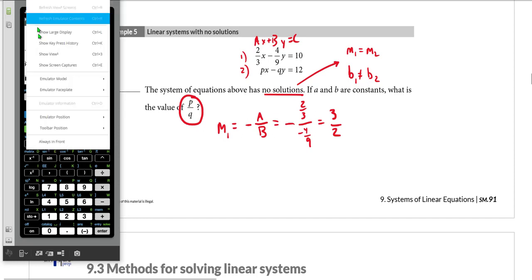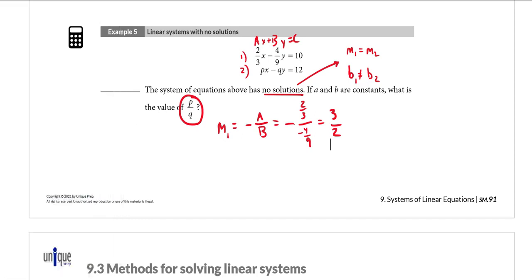In terms of where to go from here, we now need to deal with the slope of line 2. And the slope of line 2, very simply, in this case, we've got a P in our A position, and we've got a negative Q in our B position, and therefore the slope of this line is P over Q. Well, remember, this equation has no solutions, and that means the slopes have to be equal, which means that the slope of the first line and the slope of the second line must be equal.